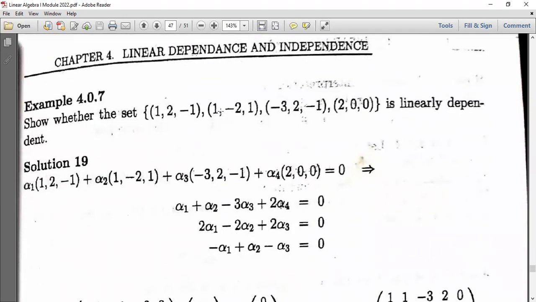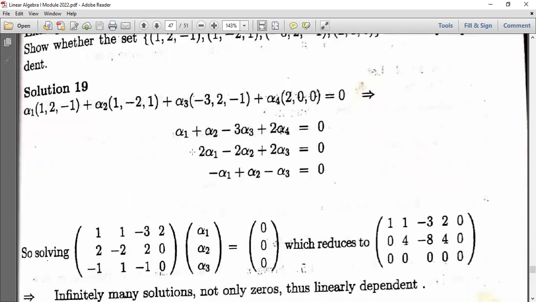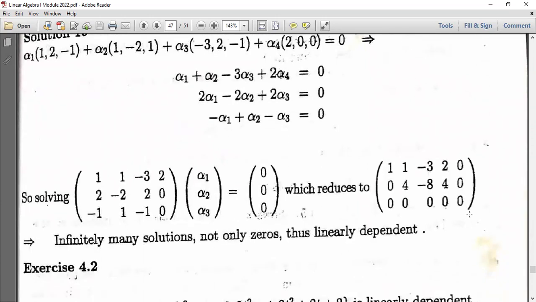We have another example, another set. I want to show if it is linearly independent or dependent. We just simply need to write this linear combination and equate it to 0. But now the 0 here should be in 3 dimensions. So we generate this system of equations, and when we solve it, we find that we have more unknowns than the number of non-zero rows after reduction.